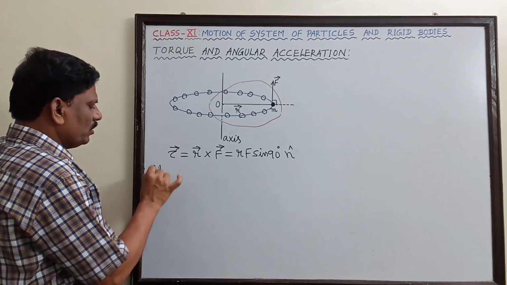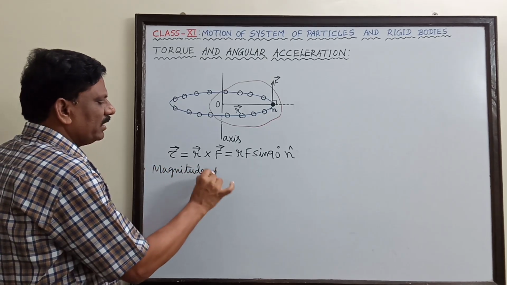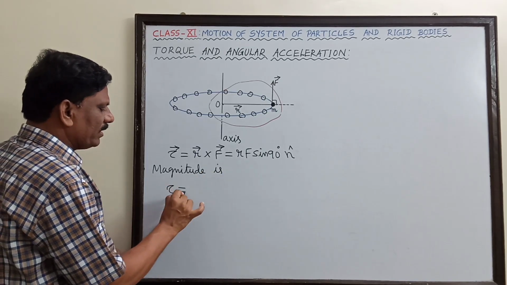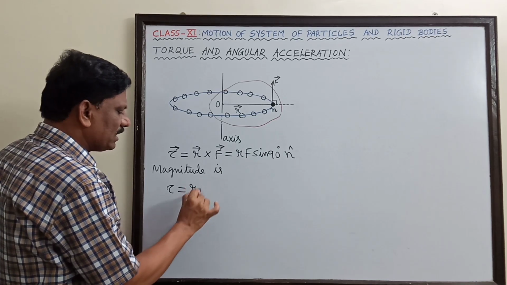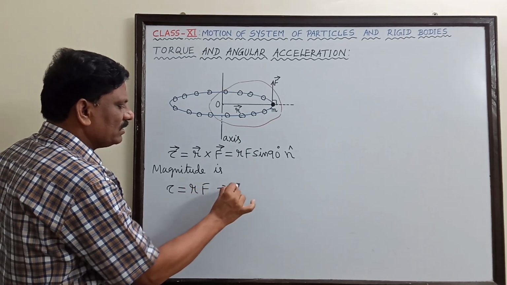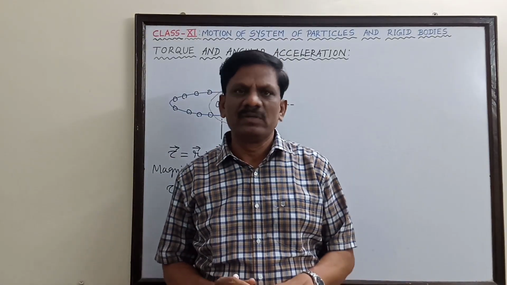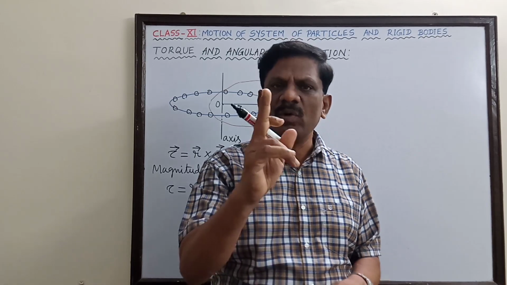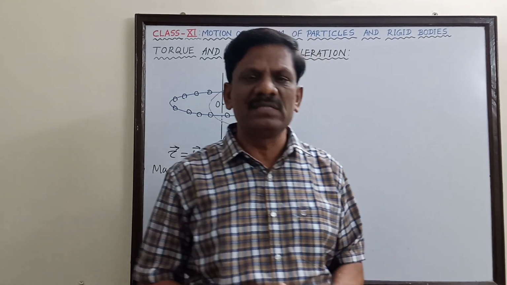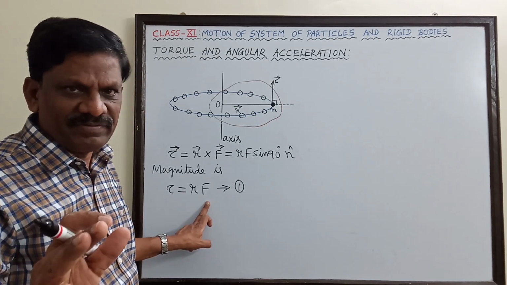So the magnitude of this torque is tau equal to r into F into sine 90, which is 1. So tau equals r into F. This is the required equation number 1. This is the torque experienced by only one point mass.